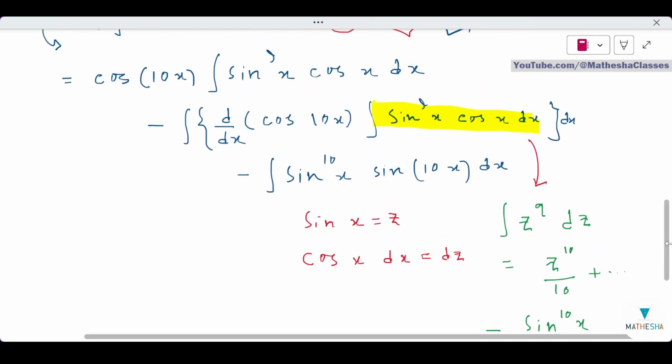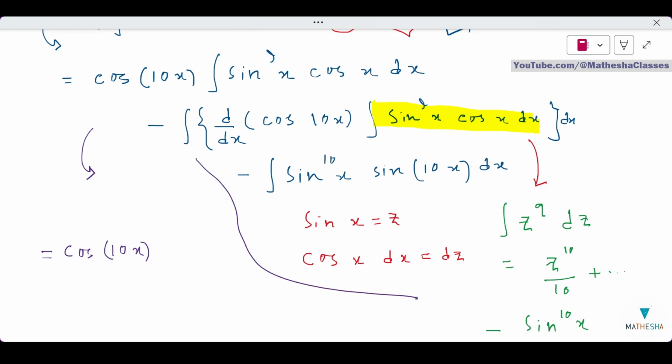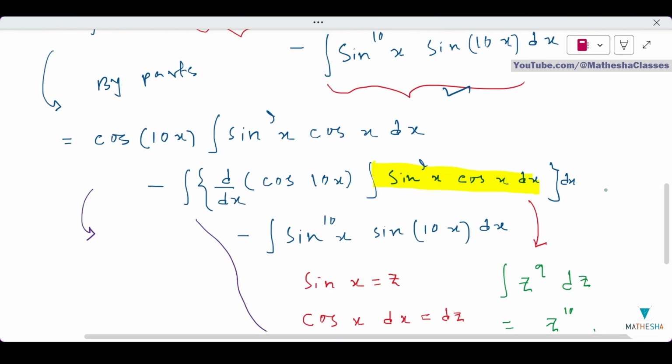So with this observation, we can now simplify this expression. So now this will become what? This will become cos of 10x, and then we have already calculated this part.